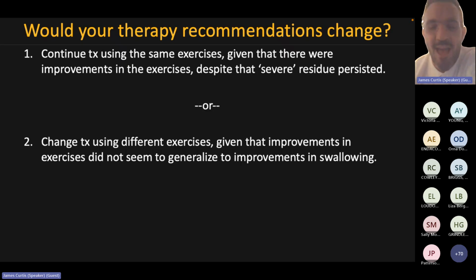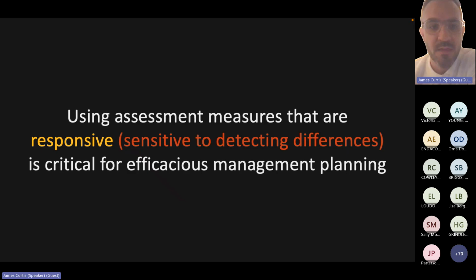And so I think we don't necessarily have the answer, but what this is demonstrating is that the types of measurements we want to include in our clinical practice are assessment techniques that are responsive, meaning that they're sensitive to detecting changes and differences when changes and differences are actually present. So in this case, the patient was improving.